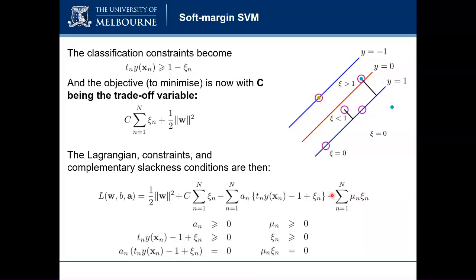So I write them also as minus xi less than or equal to 0, which means xi greater than or equal to 0. So essentially I turn these to the canonical form of less than or equal to 0, and a_n and mu_n are my Lagrange multipliers for these inequalities. There are no equality constraints here.